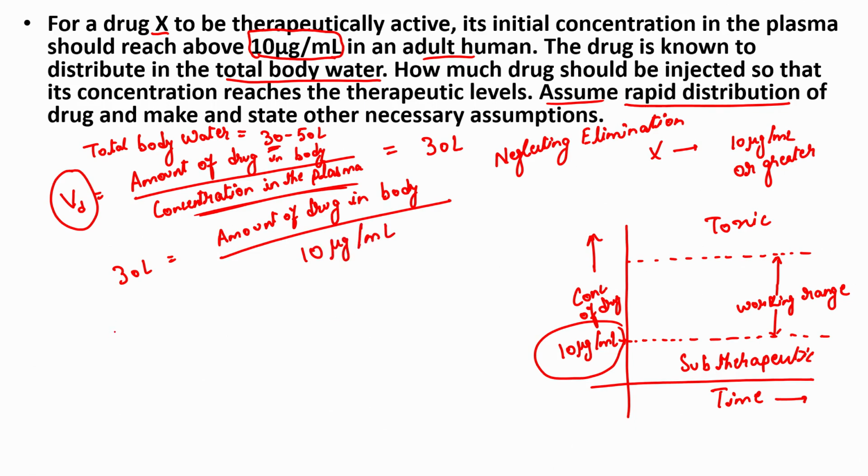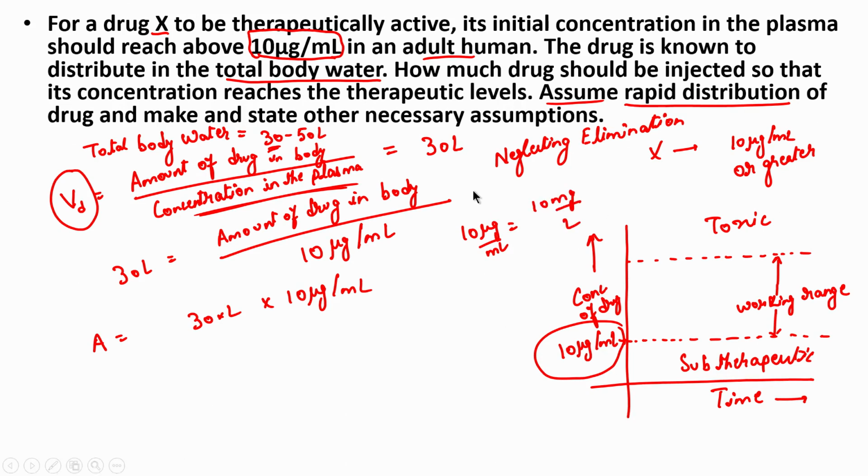So, then the amount of drug in the body, that is basically what we are injecting, let us say that is A, is nothing but 30 liters multiplied by 10 μg per ml. So, let us just convert μg per ml to mg per liter. 10 μg per ml would be nothing but 10 mg per liter.